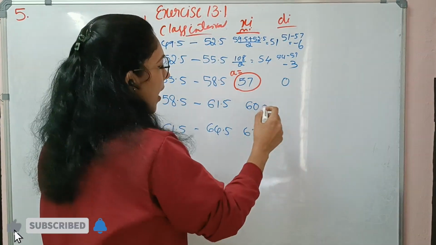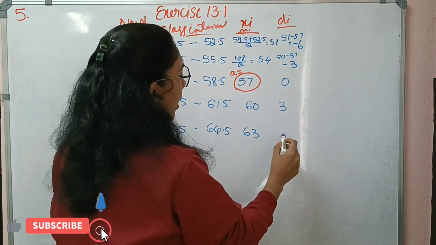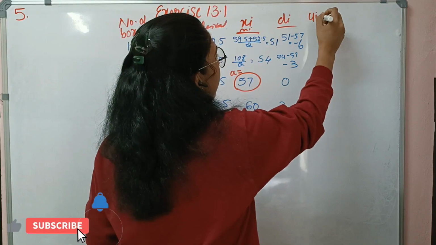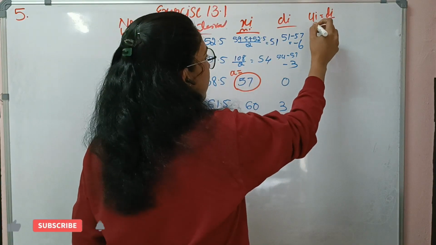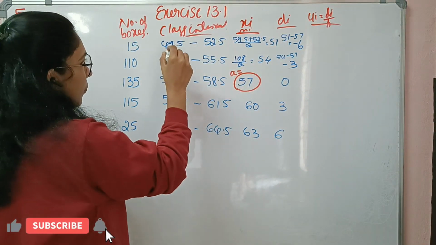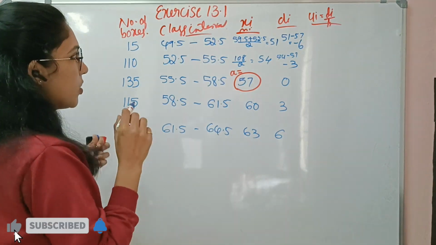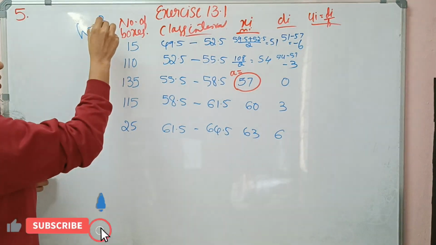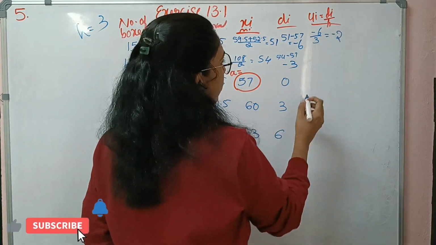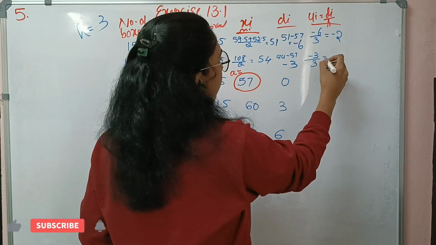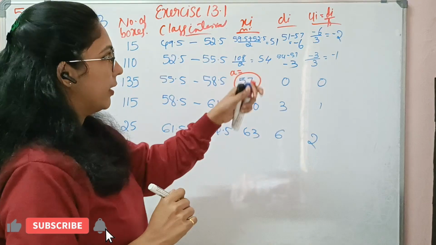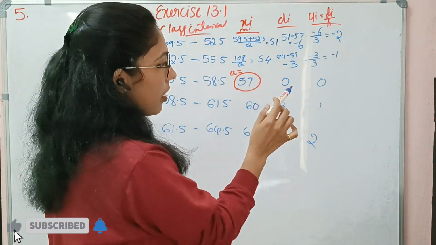Here 0, then positive 3 and 6. Now the next column is ui, that is equal to di upon h. What is the class difference? See, 49.5 and 52.5, which means the class difference h is equal to 3. So minus 6 upon 3 is minus 2, minus 3 upon 3 is minus 1, then 0, 1, 2. So these are ui, that is minus 2, minus 1, 0, 1, 2.